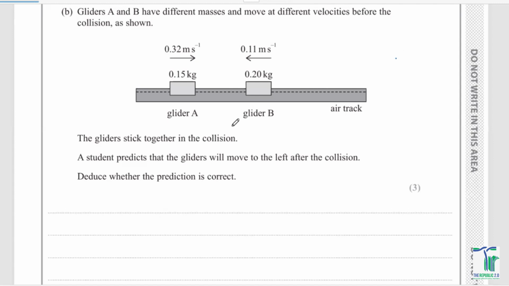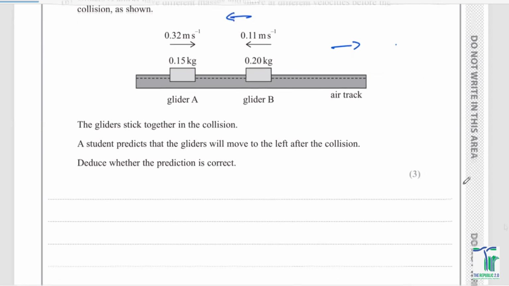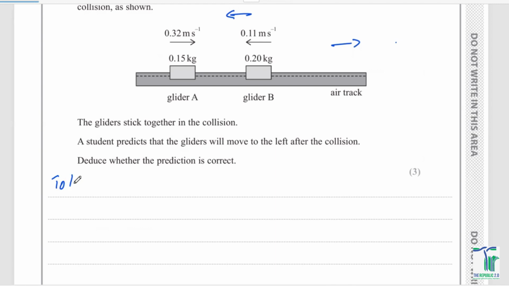So what are we really going to do? We just need to calculate the total momentum of both of these gliders approaching each other. And after that, we need to find the final velocity of these objects, right? In this direction we are taking it as right, and in this direction we're taking it as negative. So first of all, let me calculate the total momentum right before the collision.